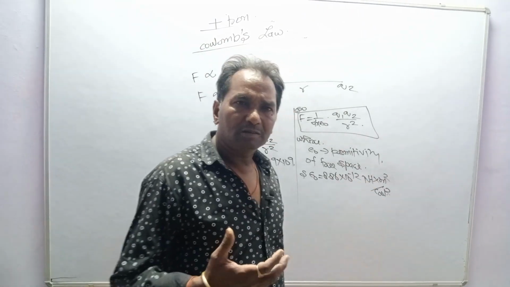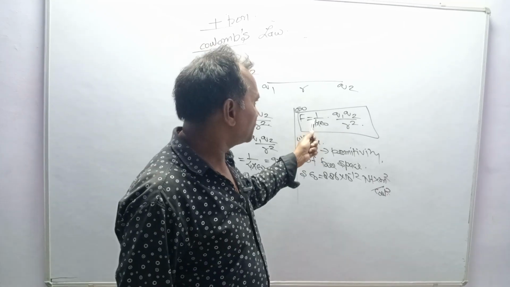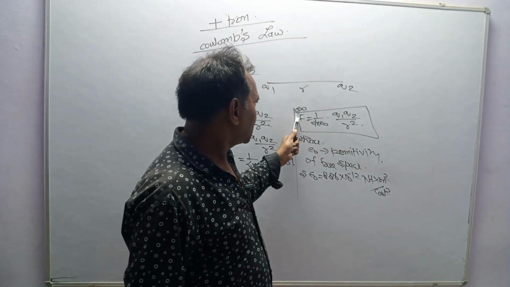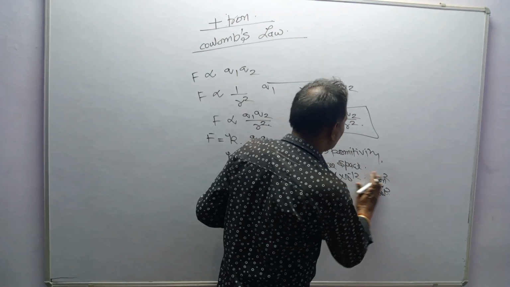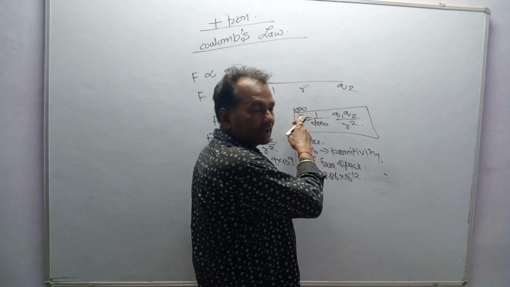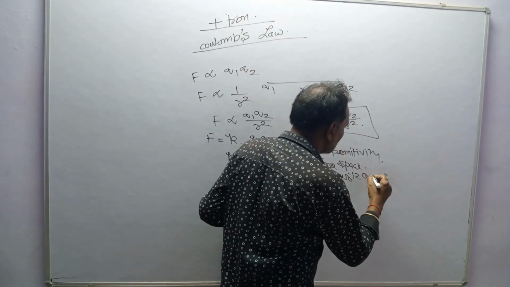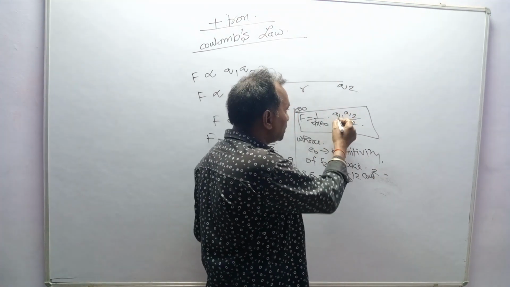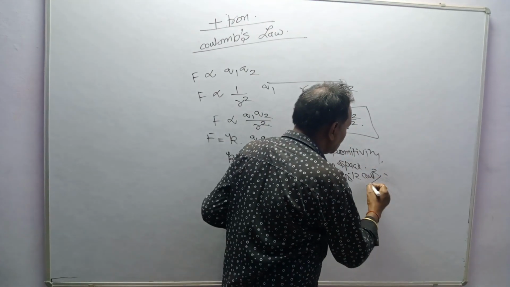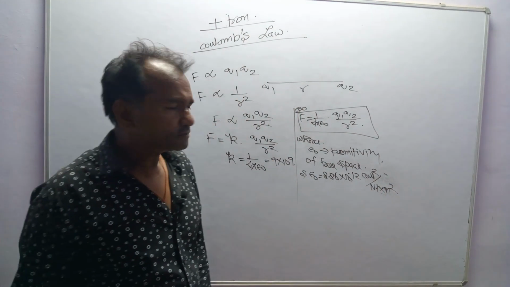You need not learn it, just by your common sense you can find it. Taking epsilon naught like this, with force here, the unit will be Coulomb into Coulomb square over Newton into meter square.